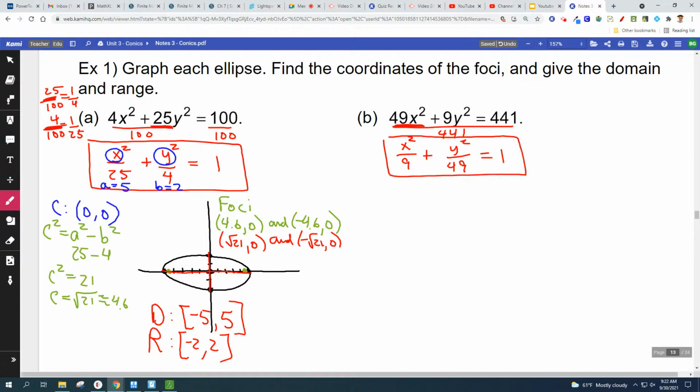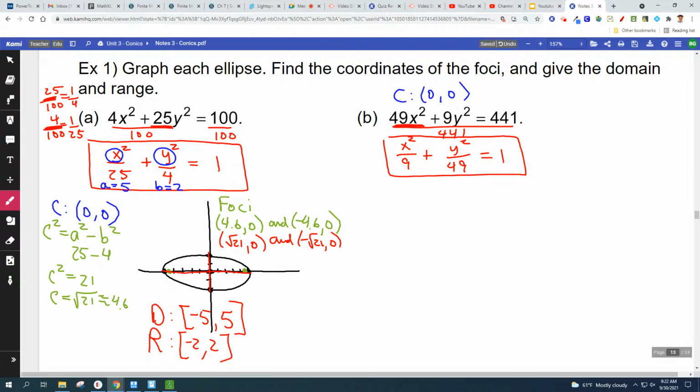Again, we want 1 so we can really see the ellipse and so we can see which direction this is stretched. Do you know if this is stretched in the x or in the y? Y. It's going to be taller this time. It's going to be taller than it is wide. We can see the center is at 0, 0 again.